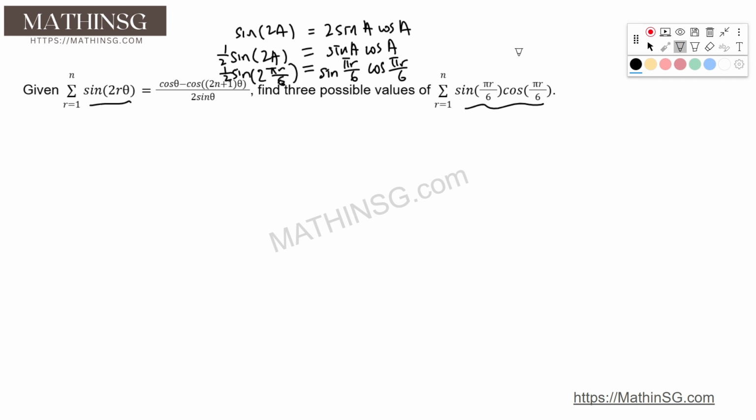Okay, so this portion, I'm going to change it to this portion, and this portion looks like this portion, and I can make use of this result here. So let's do it.